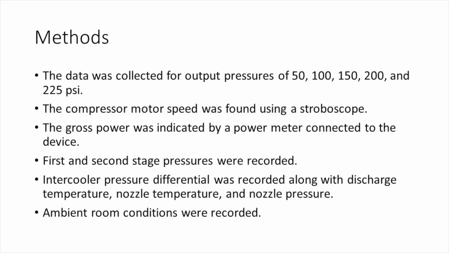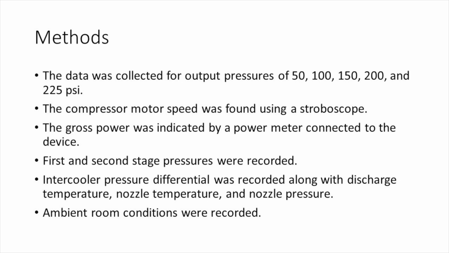The data used in the calculations was found for output pressures of 50, 100, 150, 200, and 225 psi. This data set gives a fairly good representation of how the compressor works as pressure increases. The compressor speed was found using a stroboscope.